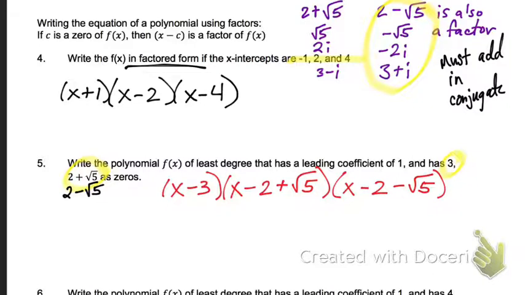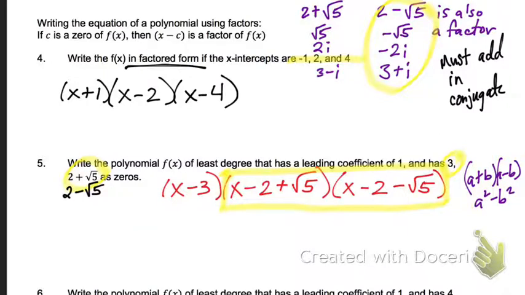So I'm going to show you a shortcut with these that I think will save your life, but you just got to stay with me. I want you to put your pencil down and just watch me do it first. When you're foiling this out, these two parentheses right here are considered a difference of squares, because a difference of squares is like a plus b, a minus b. Is everyone following me with that? And it just becomes a squared minus b squared.